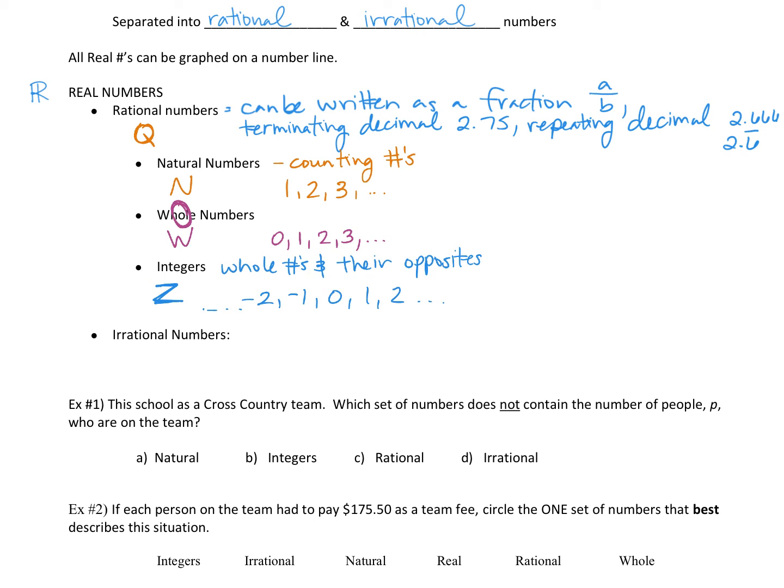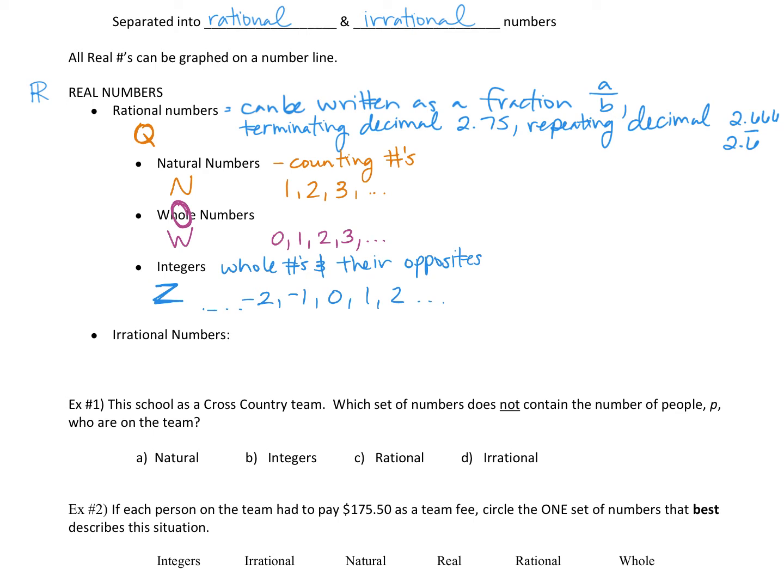Can anyone tell me an irrational number that you know of? We've talked about it already this morning. Pi is an irrational number, right?